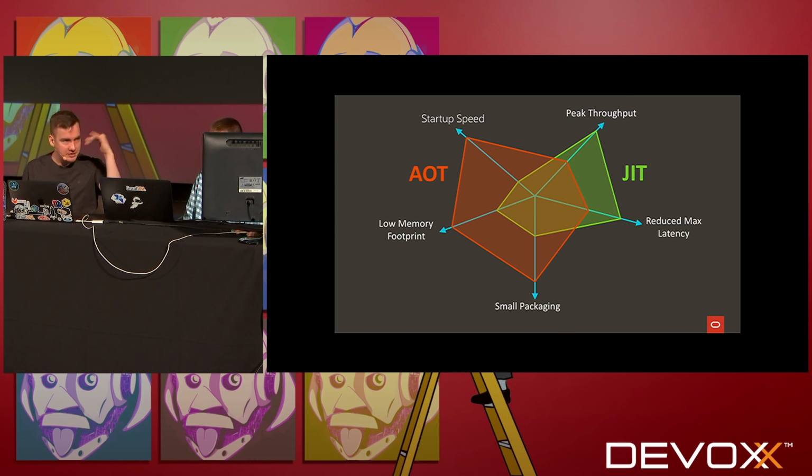You'll probably get smaller packaging as well, but what you sacrifice a little bit is that your peak throughput will not be absolutely the best, because when you compile ahead of time, you don't have the luxury of having the most up-to-date profile. You don't know what data is flowing through the system, so sometimes you cannot speculate and have some optimizations that the JIT will do.